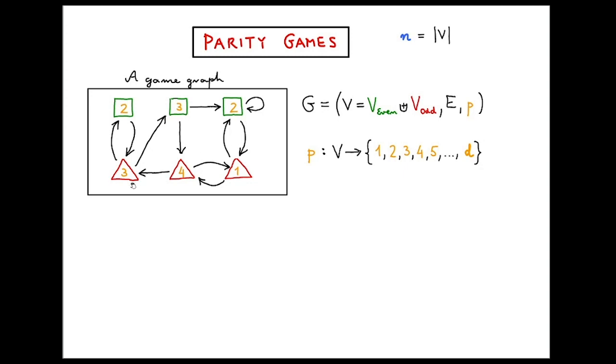And I will tend to draw vertices or positions owned by player odd either by triangles or maybe pentagons, if triangles are too hard to draw, but both pentagons and triangles have three sides, and hence it's easy to note that they belong to player odd.